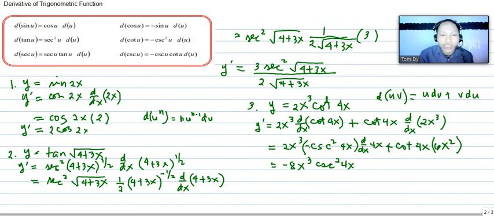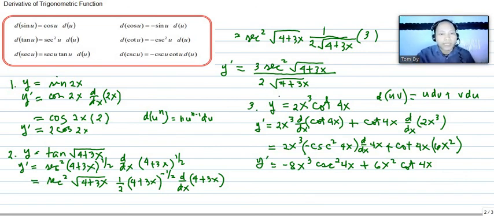So 4 times negative 2, that is negative 8x cubed cosecant squared 4x. And then plus this one, we do not multiply 4x by 6x squared. Instead, you have to write first 6x squared before cotangent 4x. So we have here plus 6x squared cotangent of 4x. That will be our final answer for this problem.